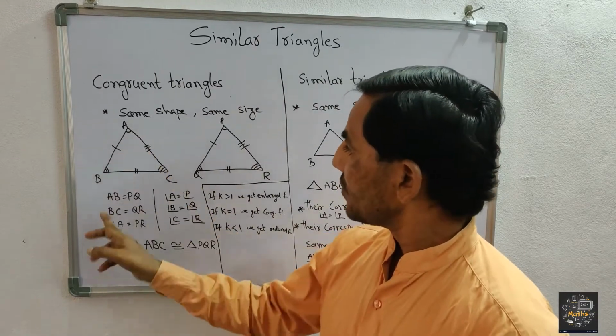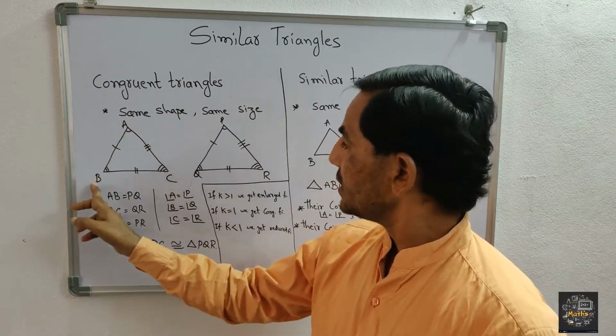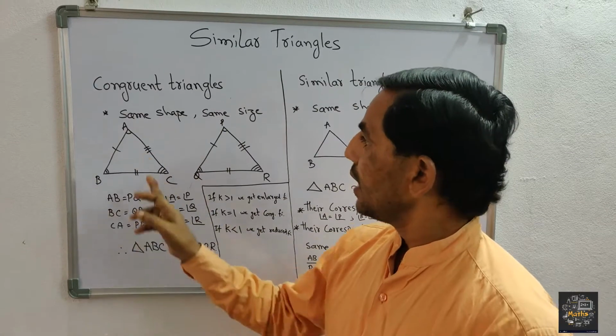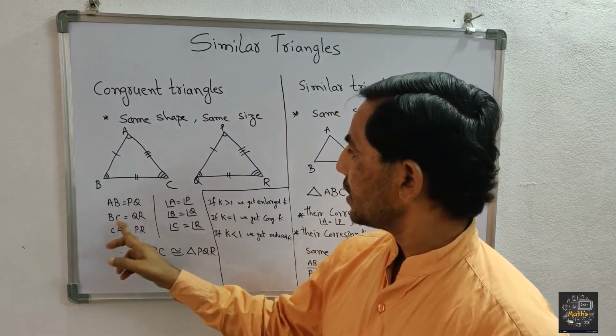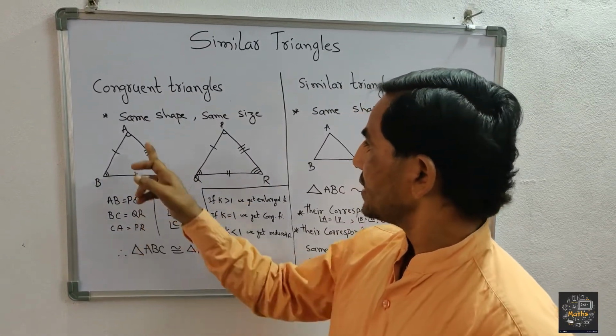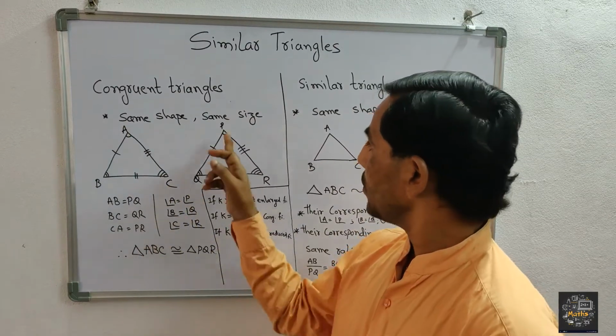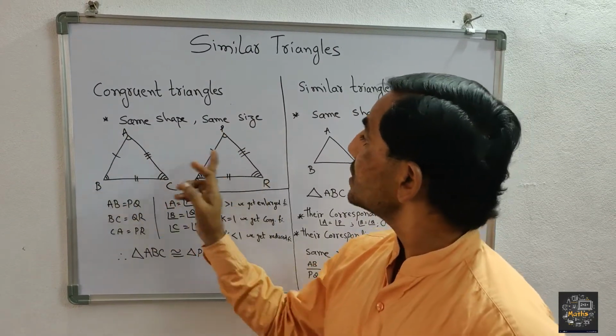First of all, the sides: side AB is equal to side PQ, side BC is equal to side QR, and side AC is equal to side PR. So these sides are equal.